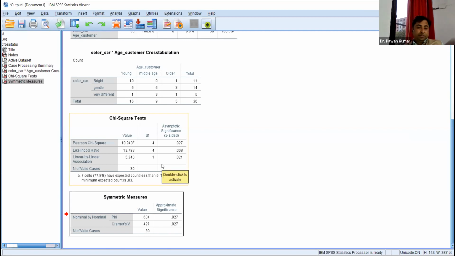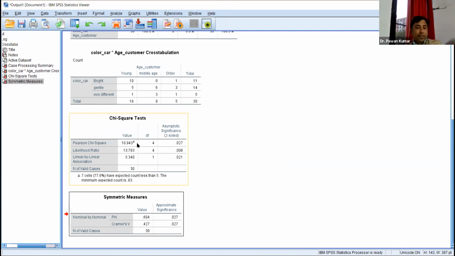Okay, so please try to understand this Pearson 10.943a. When it is written a, it means 7 cells have expected count less than 5. The degrees of freedom is n minus 1 into m minus 1.